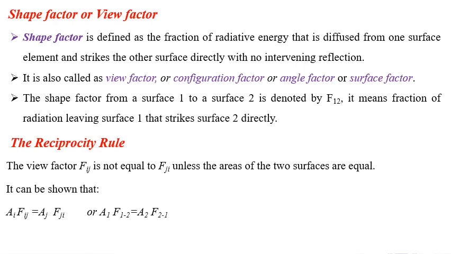It can be shown as Ai Fi-j equals Aj Fj-i, or A1 F1-2 equals A2 F2-1. When the two areas are equal, the view factors are equal. This expression is termed the reciprocity rule and it is very useful in determining one view factor from the knowledge of the other.